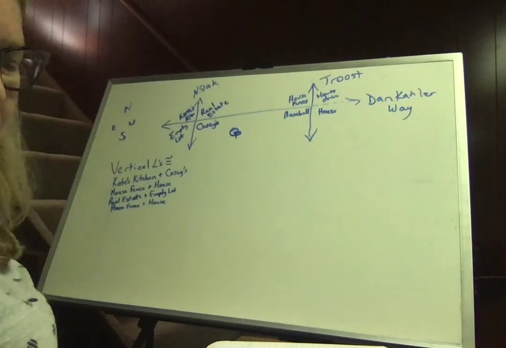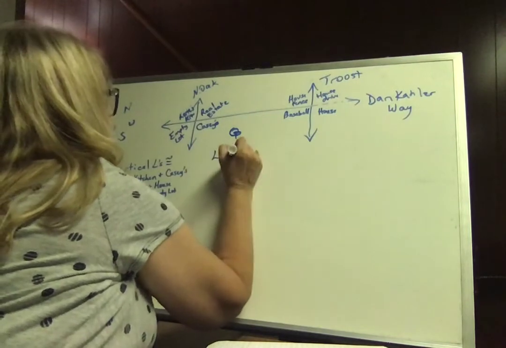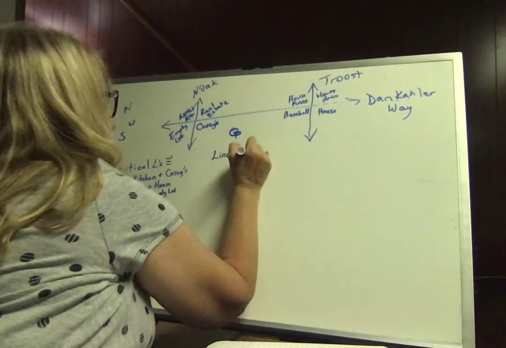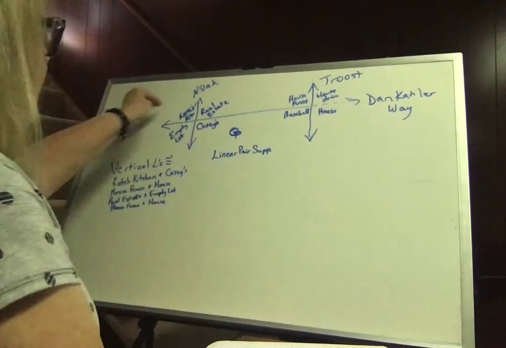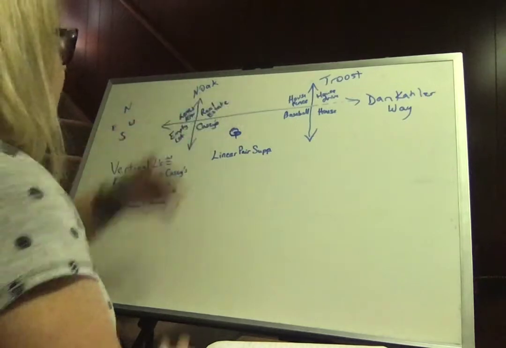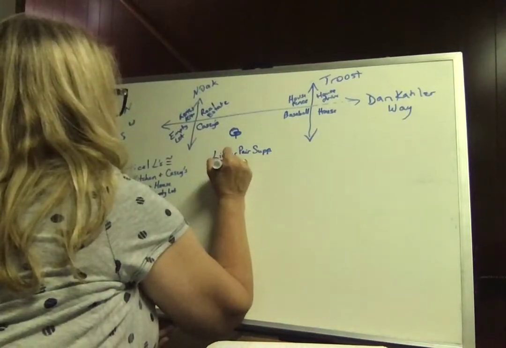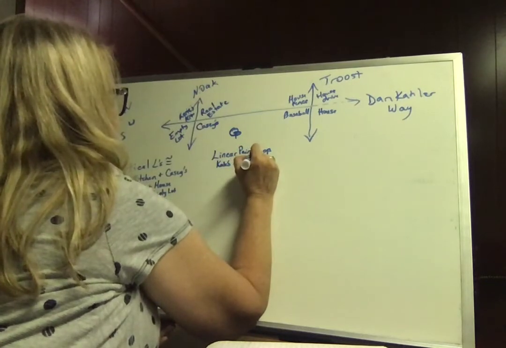Okay, then we have a whole bunch of linear pairs. Linear pairs are two angles that sit on the same line. And linear pairs are supplementary. That means they form a straight line. They add up, their two angles, to 180. So right here, Kate's Kitchen and the real estate.